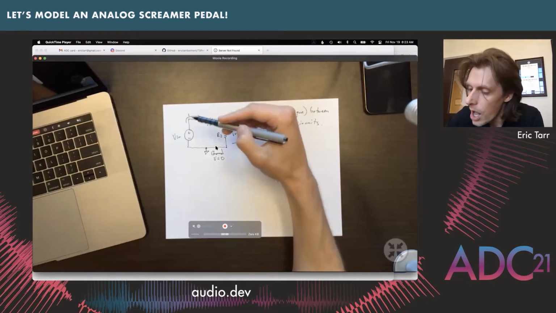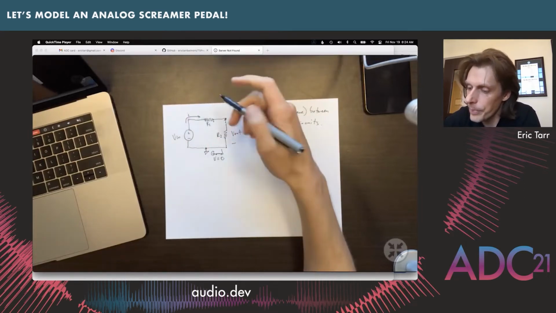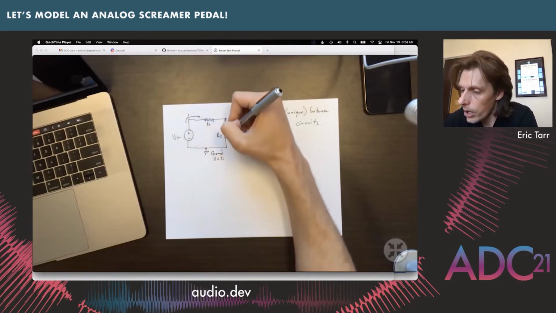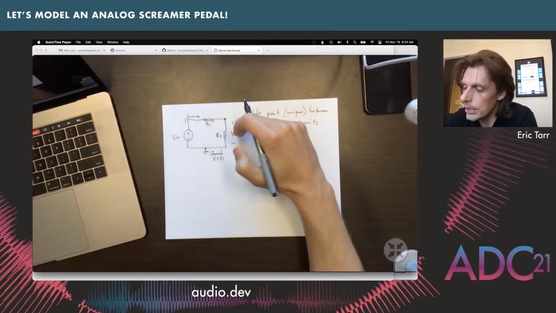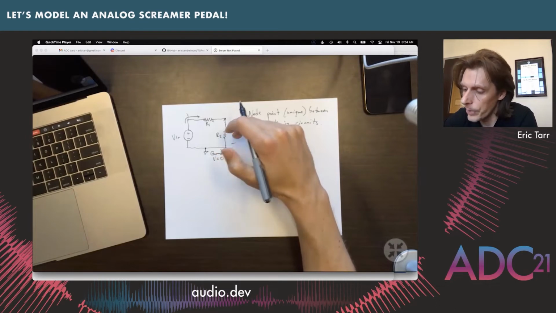Okay, so we have our voltage input over here and our voltage output, and we're going to look at the current flowing through our circuit as our way of figuring out our voltage at the output, given the voltage at the input.